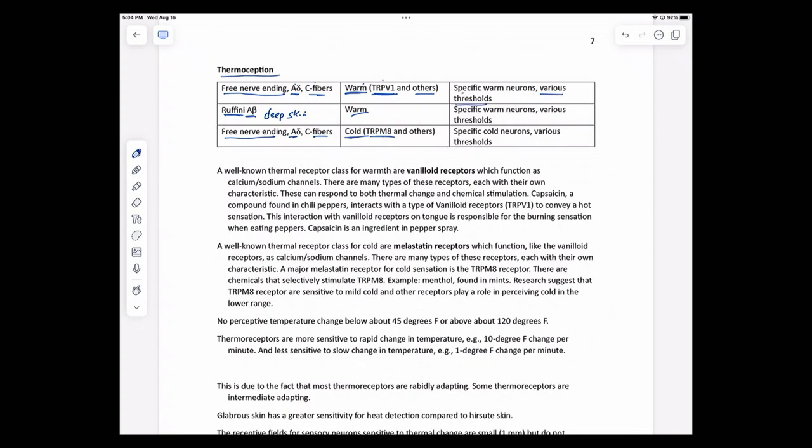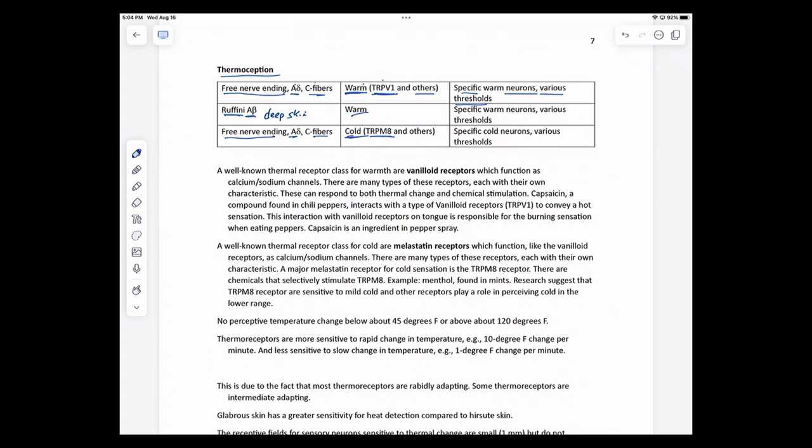So you're going to have specific warm neurons, or neurons that are designed to detect a certain temperature range in the warmth, and then another set of neurons that would detect maybe slightly warmer temperature, and then another set of neurons for a slightly warmer temperature. So it's a heterogeneous group even within the warm neurons.